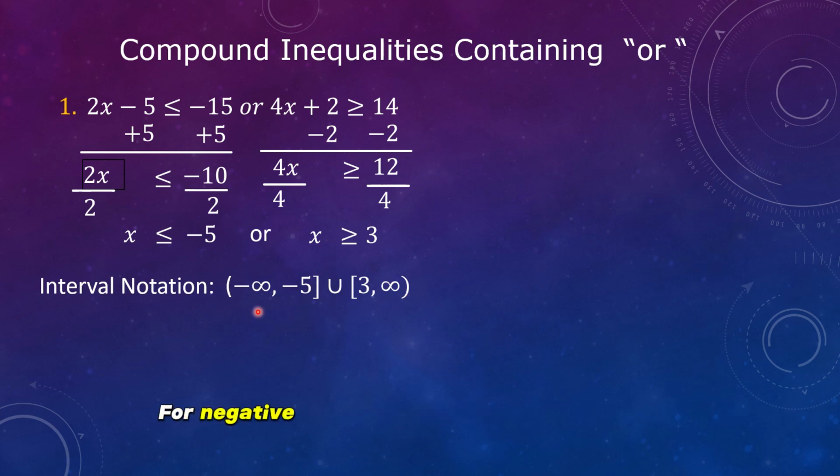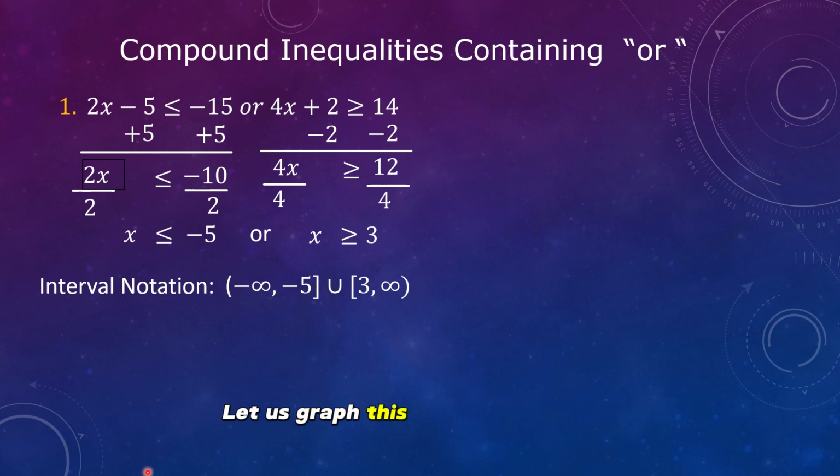For negative infinity, we always use parenthesis. This bracket indicates that negative 5 is a value of x, and this bracket indicates that 3 is also a value of x. And for positive infinity, we always use parentheses.